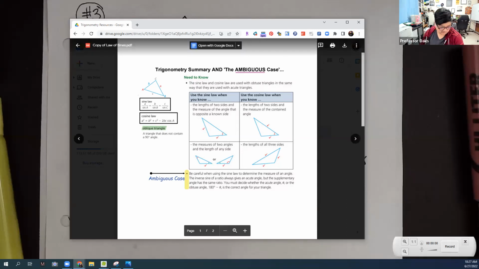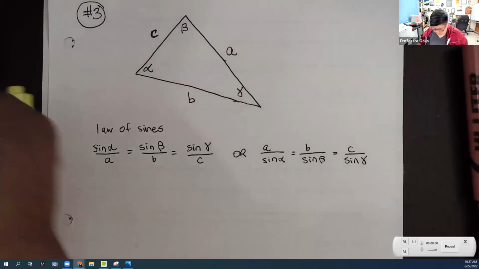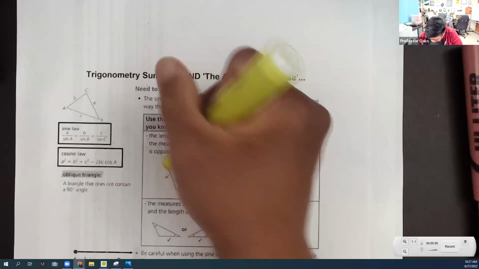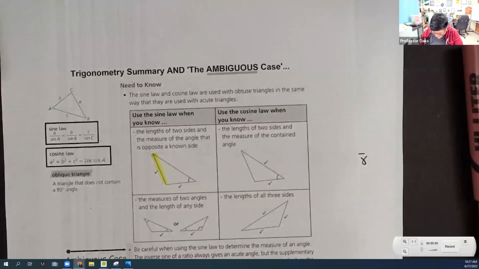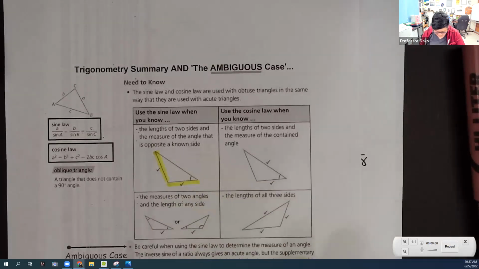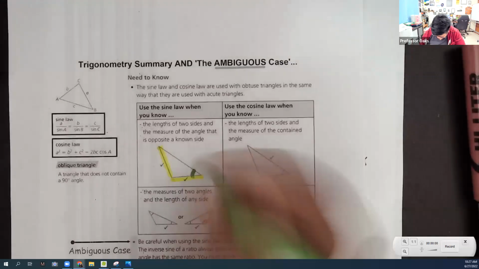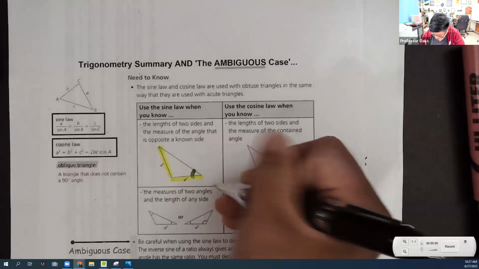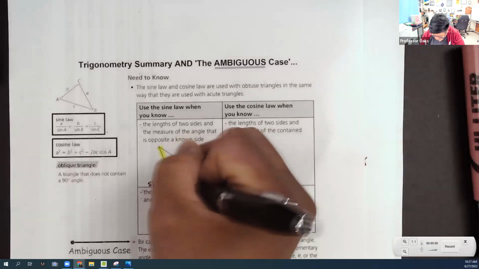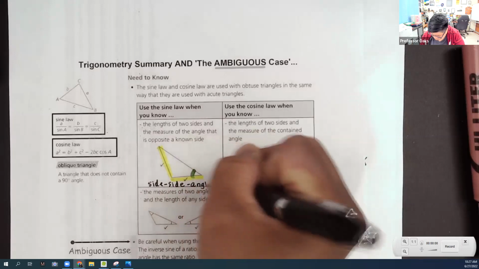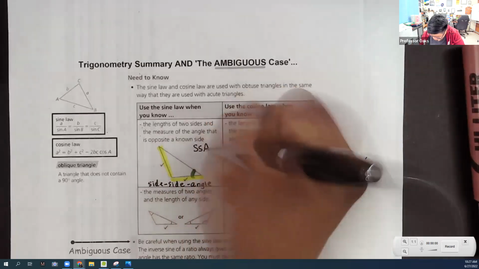So this all goes back to, if you look here, you see the check mark: you have a side, then a side, and then an angle known. They would call this case side, side, angle, SSA.